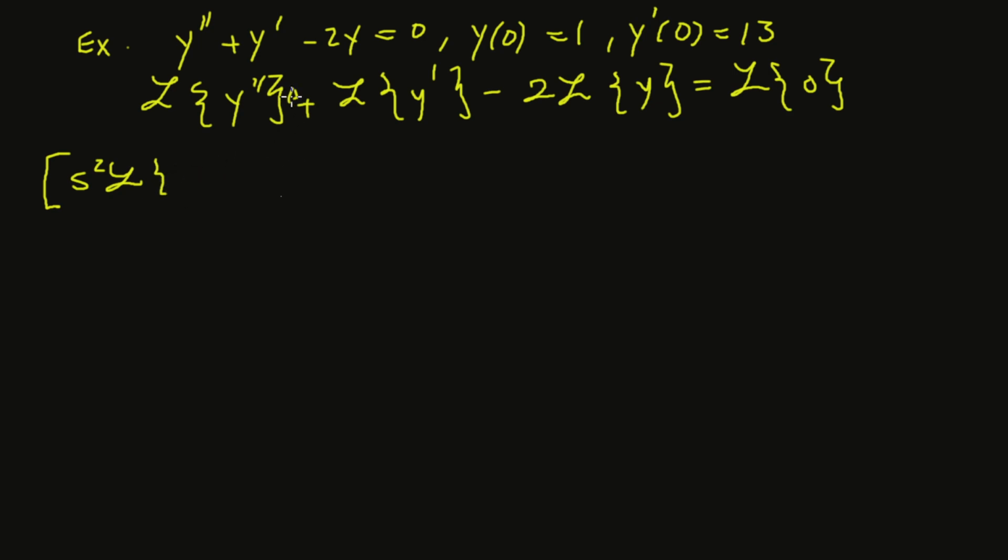If I don't write it down, we're used to it now being on s, right? So the Laplace transform of y, of course on s, minus s times the initial value, the first one there, then the second one there. That's for this one.